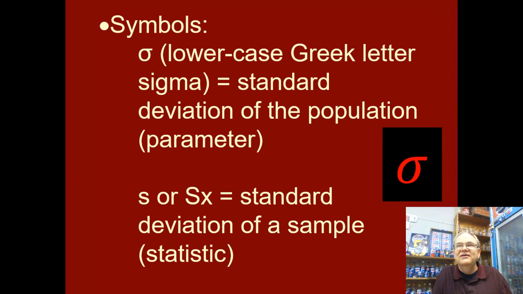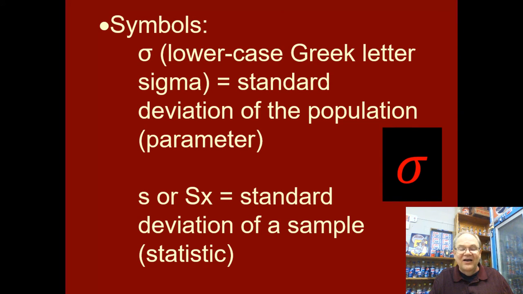There are a couple of symbols that we use to stand for standard deviation. Just like when we did the mean, there's a Greek letter and an English letter. The Greek letter, which kind of looks like an O, is actually the lowercase Greek letter sigma, and that would refer to the parameter for the standard deviation of a whole population.